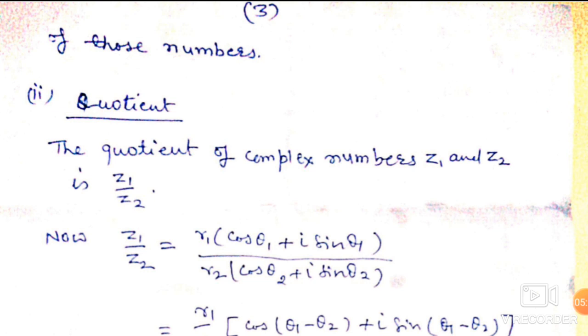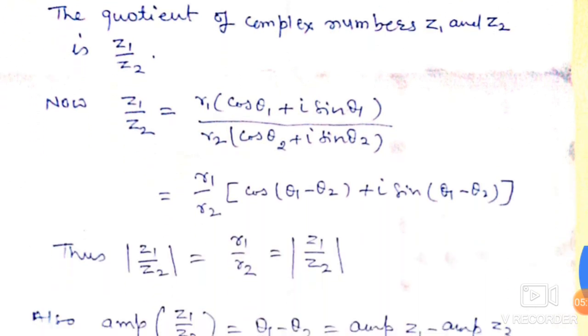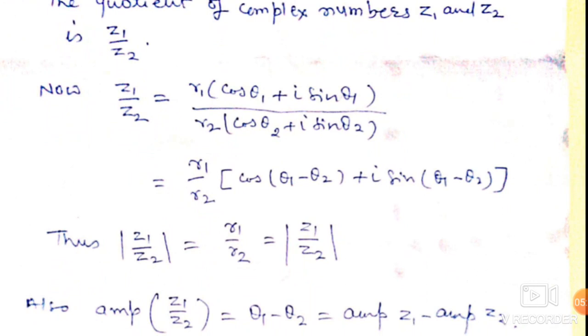Now quotient. The quotient of complex numbers Z1 and Z2 is Z1 over Z2. Now Z1 over Z2 equal to R1 cos of theta 1 plus iota sin of theta 1 over R2 cos of theta 2 plus iota sin of theta 2, which is equal to R1 over R2 cos of theta 1 minus theta 2 plus iota sin of theta 1 minus theta 2.